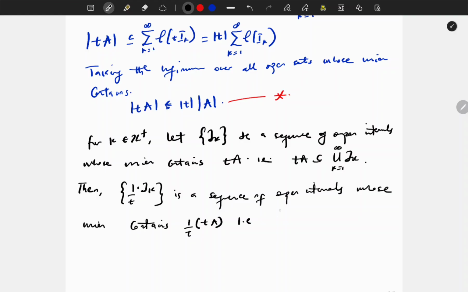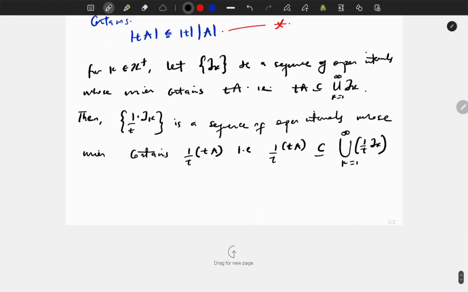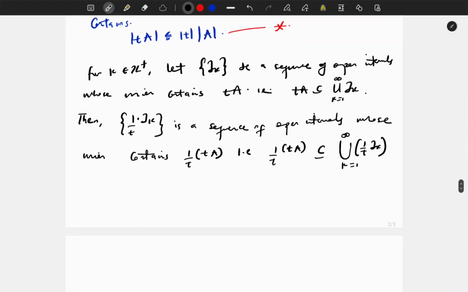That is, 1 over t tA is a subset of the union of 1 over t J_k, k equals 1 to infinity. So if we take the outer measure, by the definition, the outer measure of 1 over t times tA will be less than the summation, k equals 1 to infinity, of the length of 1 over t J_k.